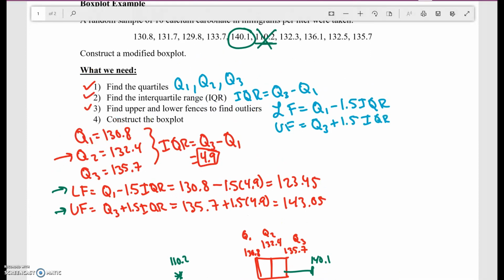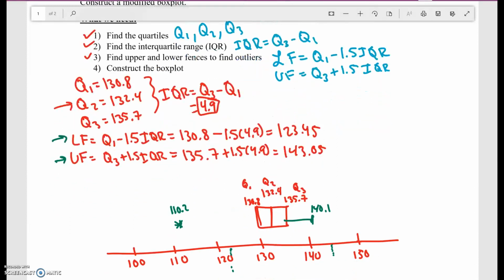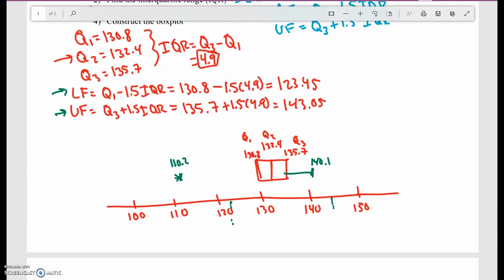So I'm going to look at the next lowest value that's still good. My next lowest value seems to be this one, 129.8. So 129.8 is going to be around here. That's my next good value. And this is my modified box plot.